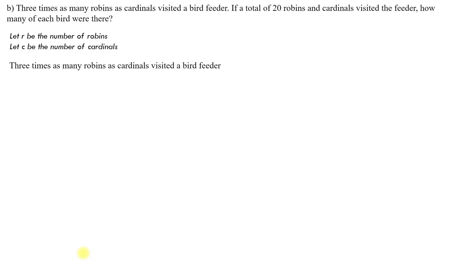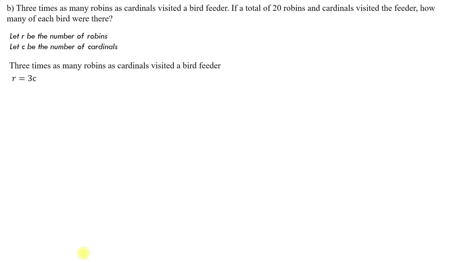And we have our first statement that says 3 times as many robins as cardinals visit a bird feeder. We could represent this particular fact with the equation R equals 3C.